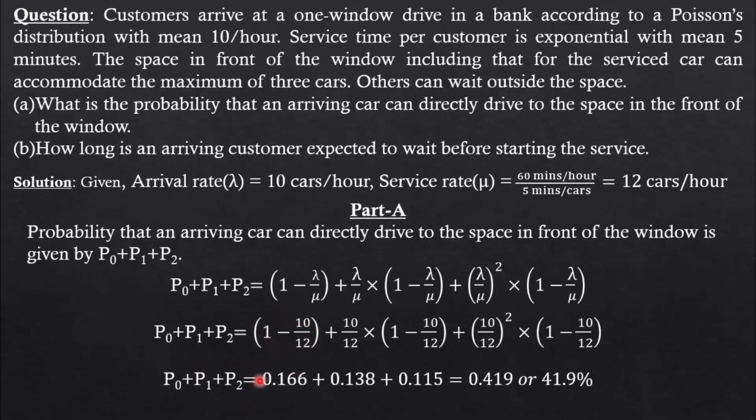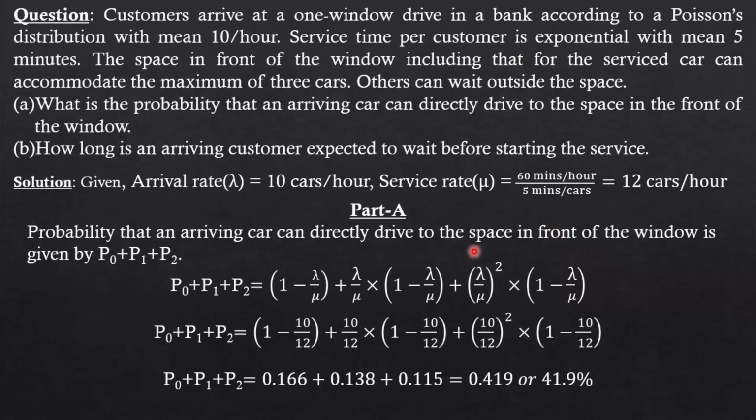P0 is coming as 0.166, the value of P1 is coming as 0.138, and the value of P2 is coming as 0.115, and the total sum of these probabilities is equal to 0.419, or we can say 41.9%. So there is a 41.9% probability that an arriving car can directly drive to the space in front of the window.